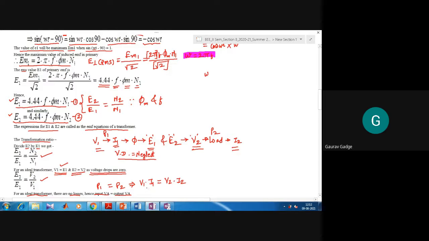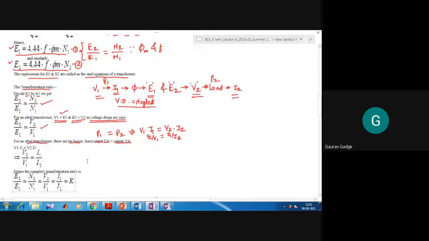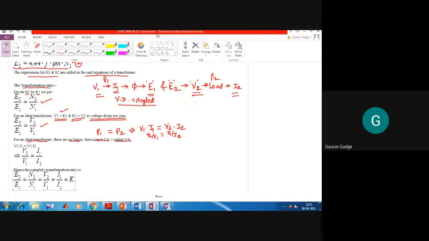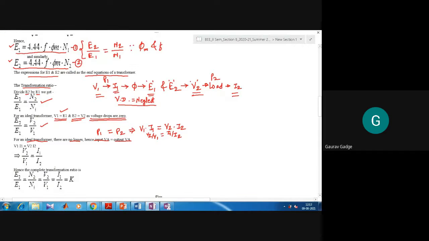Now, if I divide V2 by V1, what I can write is I1 upon I2. So V1 I1 equal to V2 I2 implies V2 upon V1 is equal to I1 upon I2. This is your third expression.